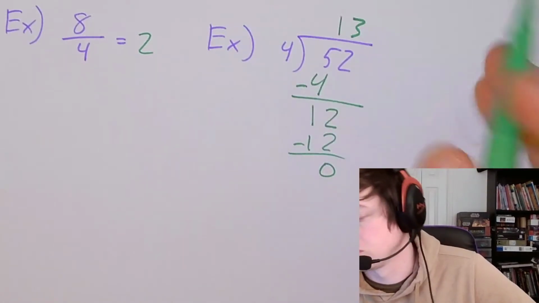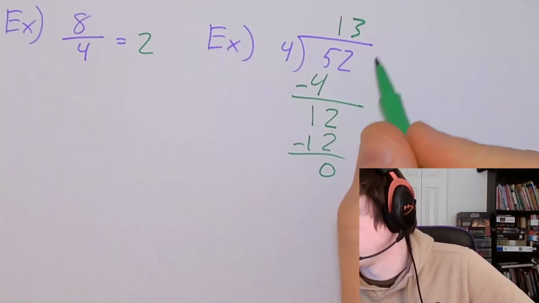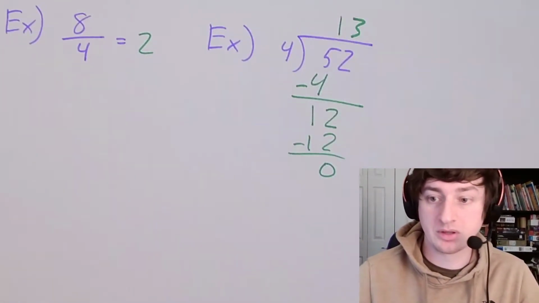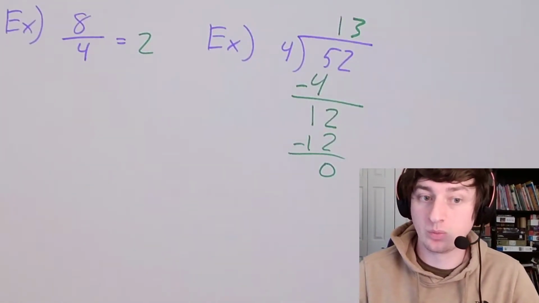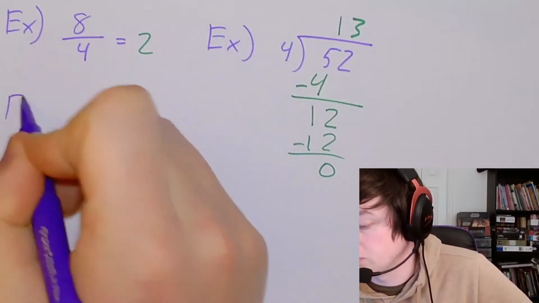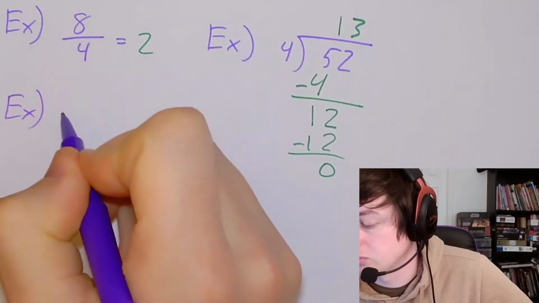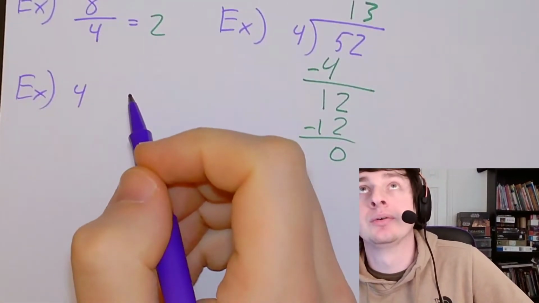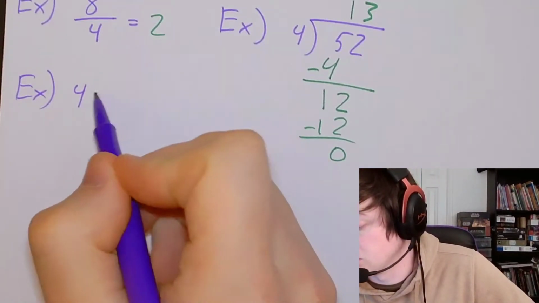Okay. You can also think of this problem. Well, let's do another one. And I'm going to write this problem very strangely. Okay. So we want to divide, let's keep doing 4, into 97.